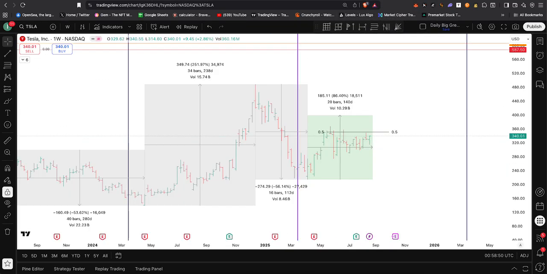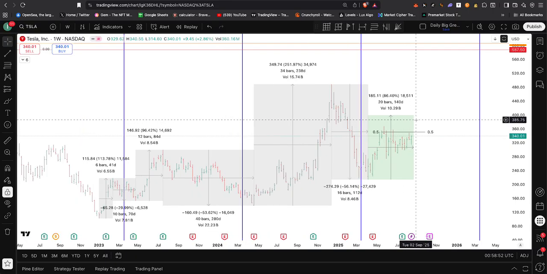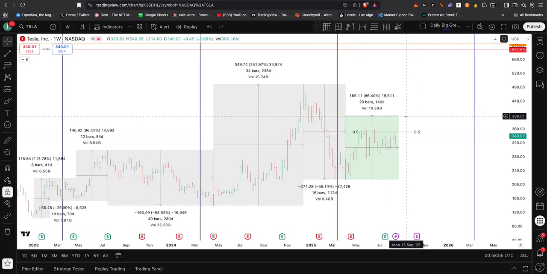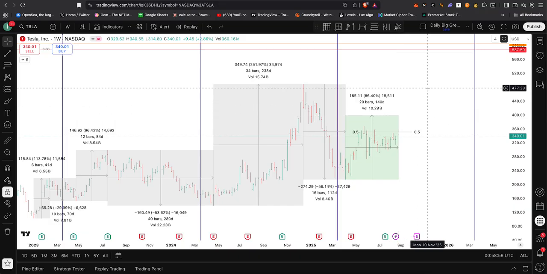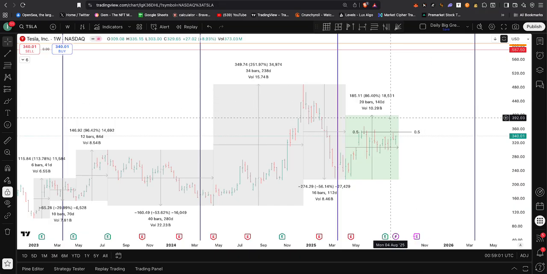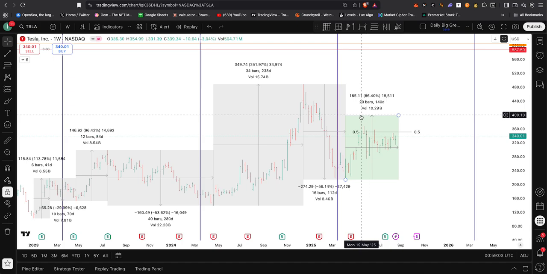Tesla. So here I have a weekly cycle on this, and it's ending August 25th, so tomorrow at the close for Monday. And the price target for that is 400. Do I think Tesla's going to 400 tomorrow, Monday? No, I do not. Do I believe that Tesla will be higher in the months to come, perhaps?